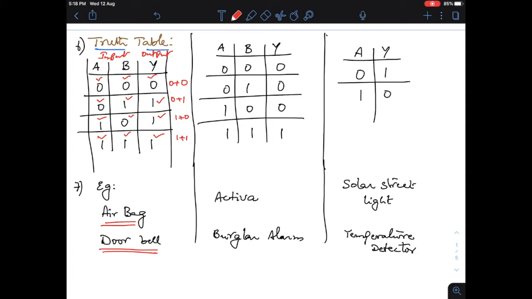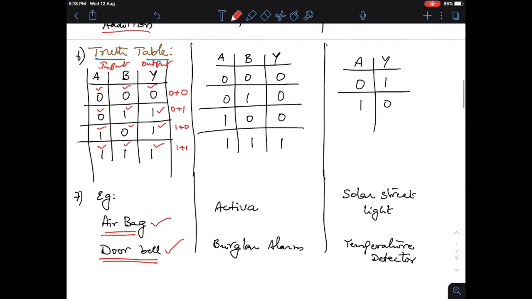For example, there are two sensors. If one sensor senses the collision, then the airbag opens. So, that is high. That is an example of an OR gate. Again, doorbell, from inside or outside. You can switch that on, then the doorbell becomes on or off depending on that.